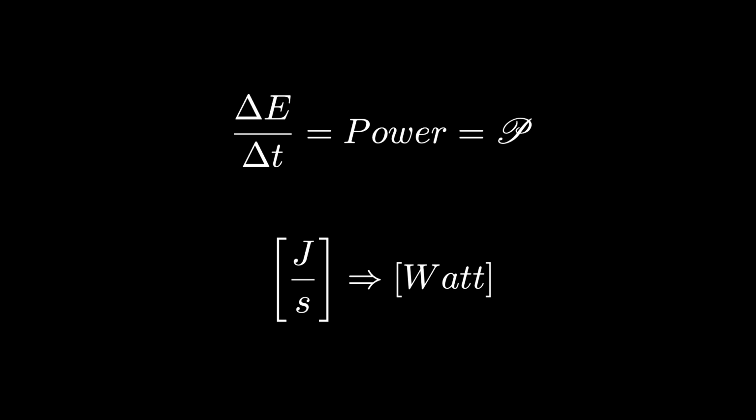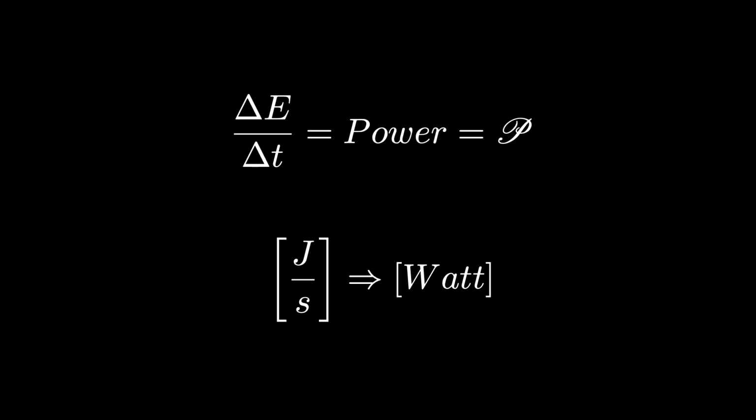We don't have any cause to use pressure in our course, but if I'm teaching a course on engineering thermodynamics and I'm trying to design a power plant, I might find myself with power and pressure in the same equations, and so I need some differentiation there. So power, a fancy P, is the rate at which energy changes.